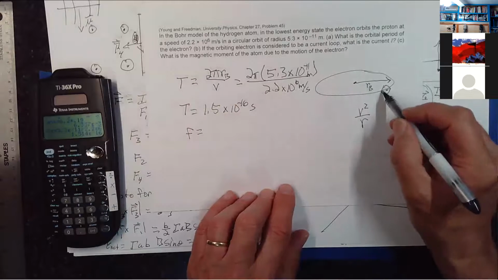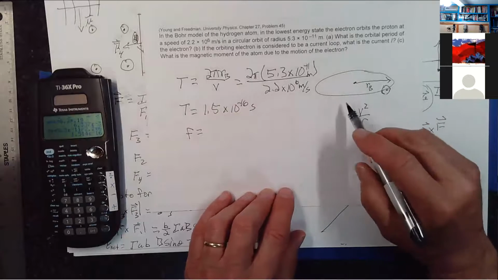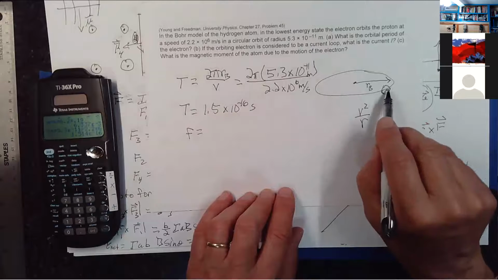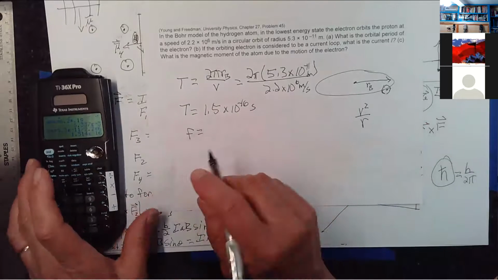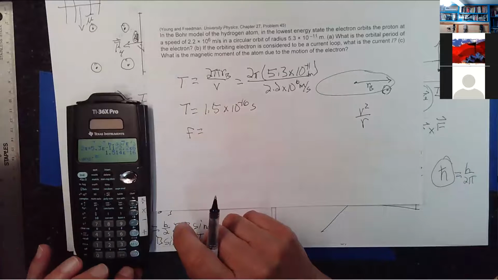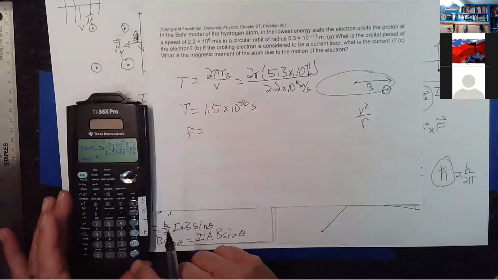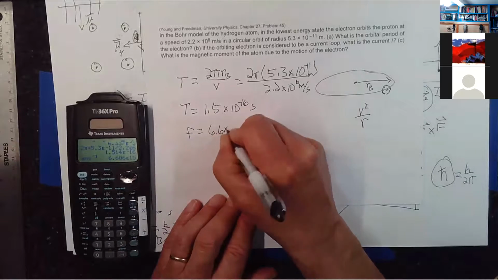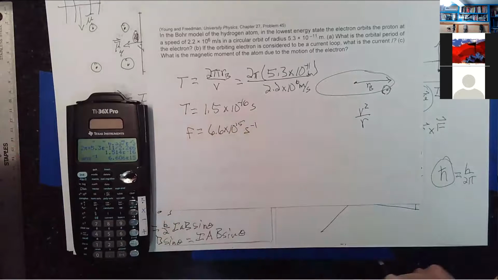And if I have some little cross-sectional area, whatever that orbital frequency is, it's as if you have that many electrons going by through this little area per second. So the frequency is just the reciprocal of that. Whoops, not 0.5, minus 1 is what I wanted for the exponent on there. 6.6 times 10 to the 15th, and that would be seconds to the minus 1, or hertz.